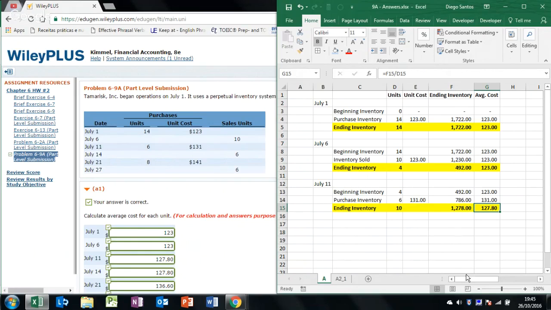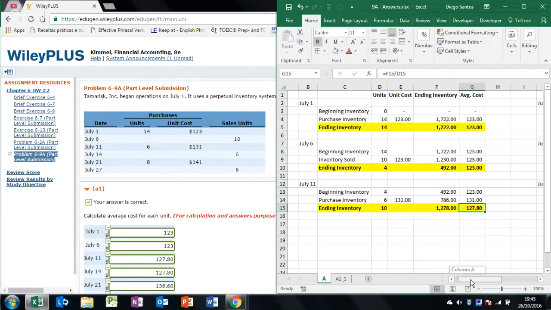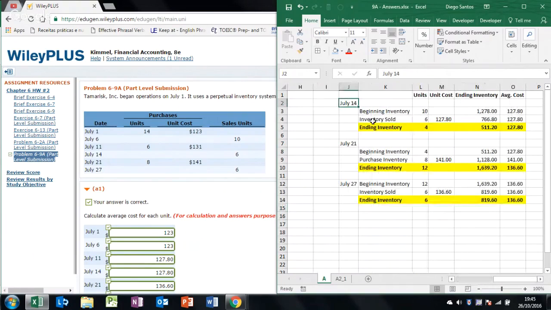This gives an average cost for July 11 of 127.80. For July 14, because we do not have any purchase, the average cost is the same as July 11.